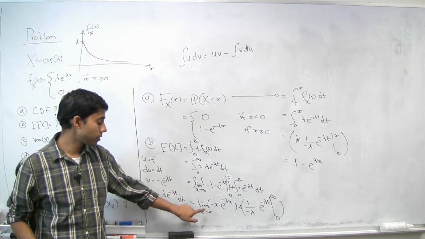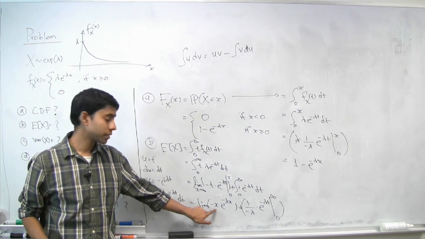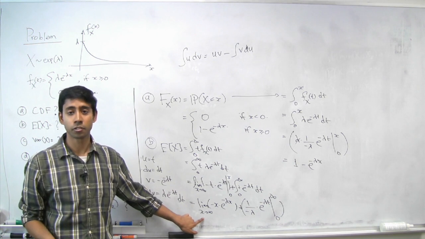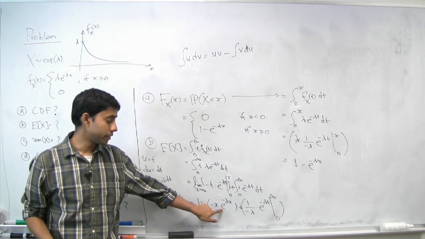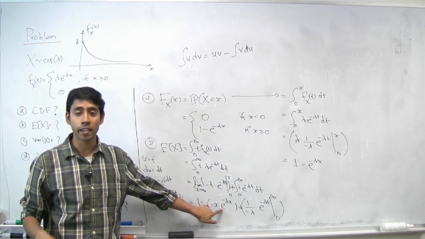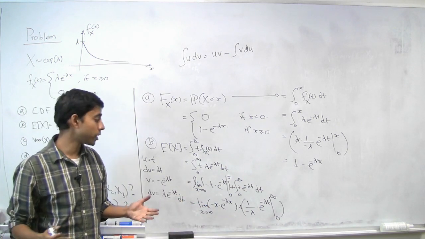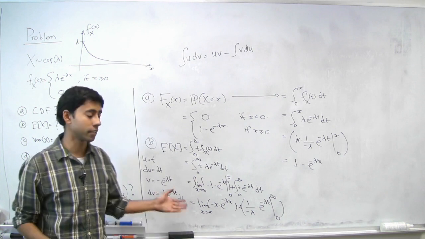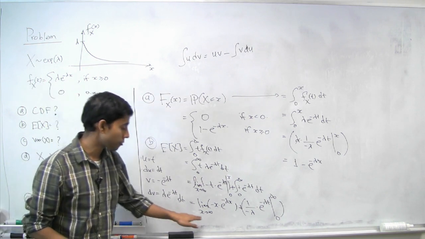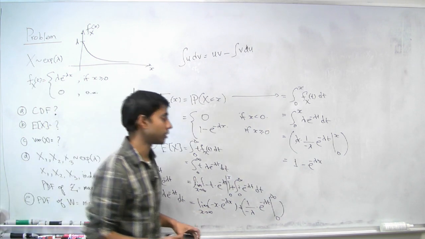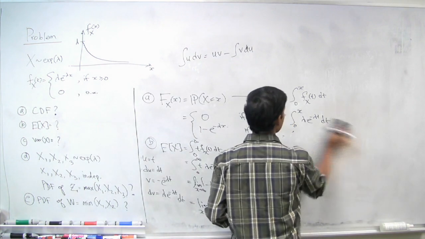For the limit, notice that x increases as x goes to infinity, and this exponential decays. So they're competing with each other, but the exponential is going to win because it decays way faster than x. And so this first term is going to go to 0.